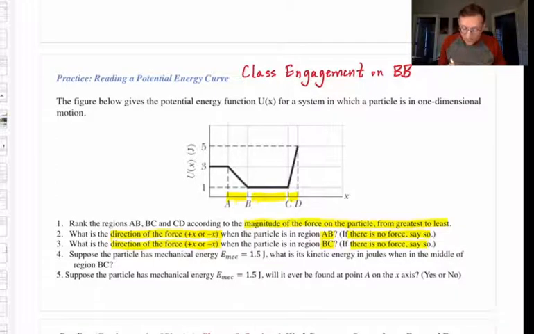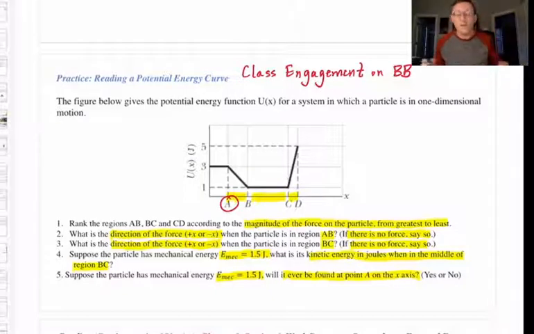Question 4, suppose the particle has a mechanical energy, E mech, of 1.5 joules. What is the particle's kinetic energy in joules when in the middle of region BC? And question 5, suppose the particle has mechanical energy E mech of 1.5 joules. Will you ever find it at point A on the x-axis? That point right there. Yes or no? Okay, those are the class engagement exercises that go with this video lecture.